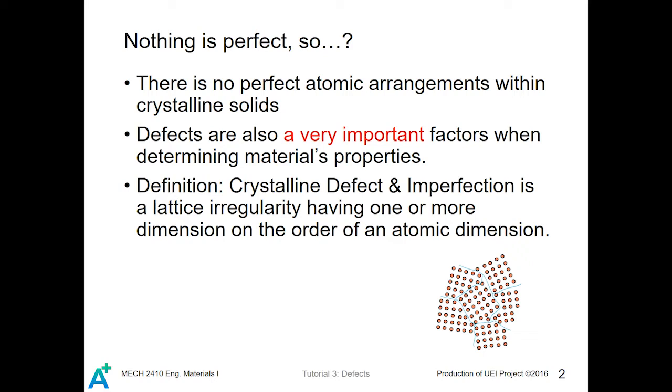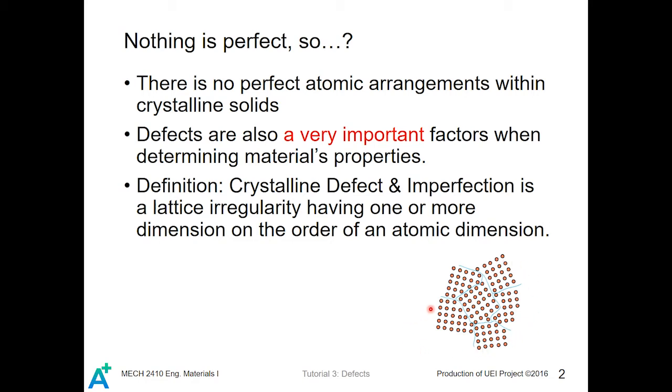The definition is: a crystalline defect or imperfection is a lattice irregularity having one or more dimensions on the order of an atomic dimension. The example here shows one defect within this crystalline solid, which is actually grain boundaries, which I will introduce in later slides.